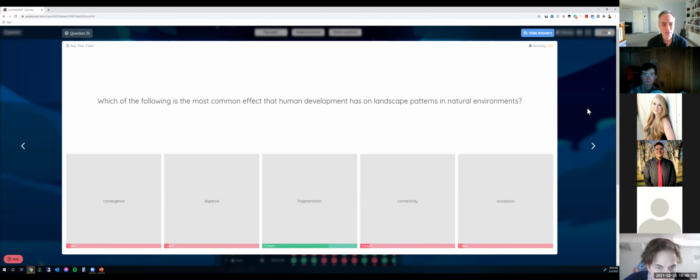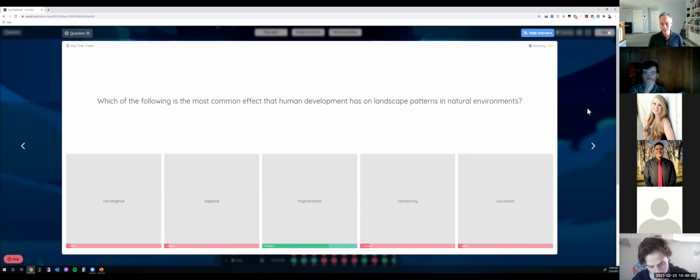Which of the following is the most common effect that human development has on landscape patterns in natural environments? And the correct answer out of these options was fragmentation. Who can give me a definition of fragmentation? Oh, like breaking up the forest and stuff like that, just splitting things.